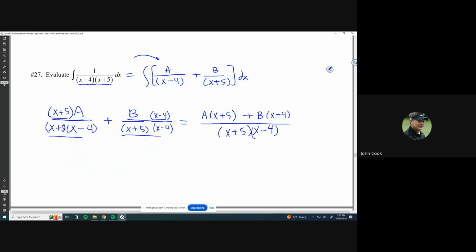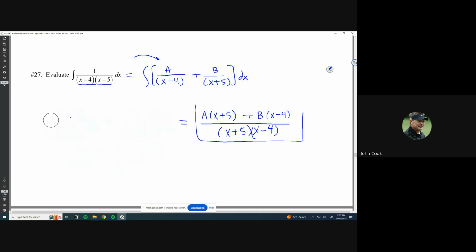Okay, so I claim that this fraction that I've just created right here is actually the same as this beginning fraction that we start off with, okay? And the way that I can make them the exact same, if you look closely, is by finding out what the a and the b values are here, because those are the only unknown values that we have.